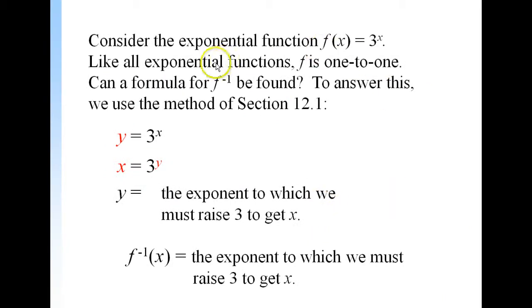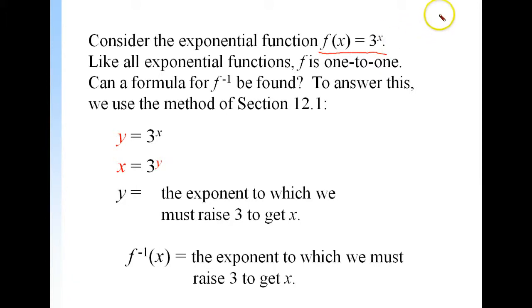Now, when we look at this right here, this is what we did in section 9.2, which was the function in exponential form, where our unknown x is the exponent.